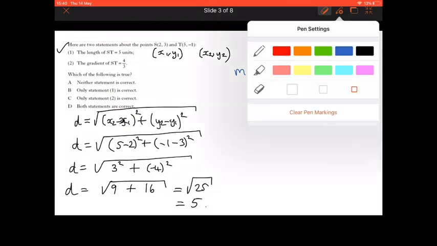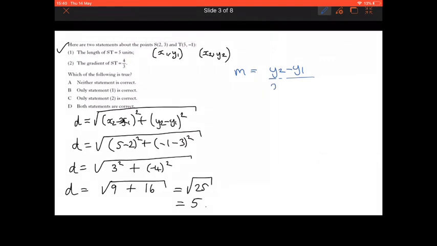I'll write that again. x2 minus x1, and plug in our points. So we have -1, subtract 3 over 5, subtract 2, which comes out as -4 over 3.